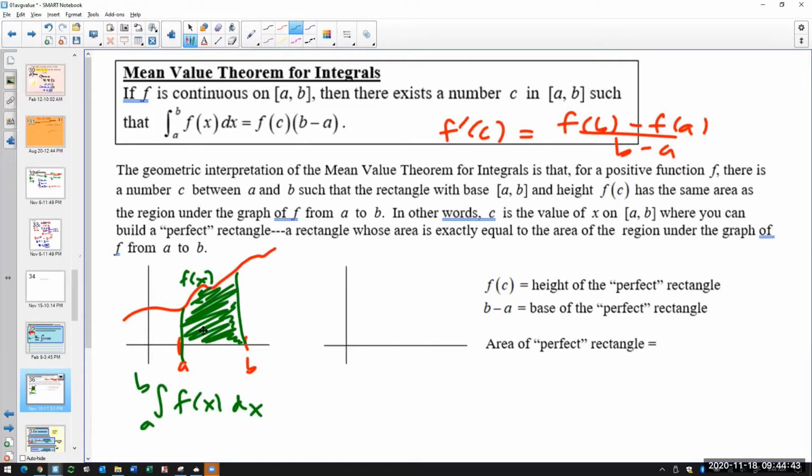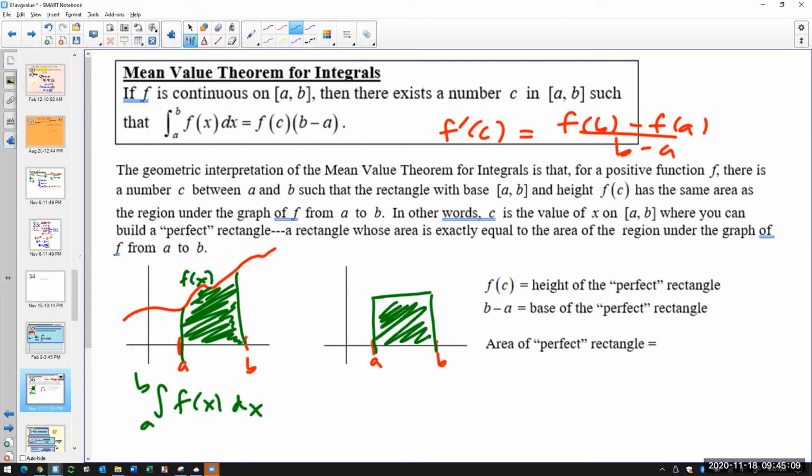If I take that same green area, I don't change the area, so if this is 5, I go and draw a rectangle with the same area, but now this rectangle is limited between a and b. And so do you see, if I take the same area and I want to form it into a rectangle, it would kind of just be maybe something like this. Does it make sense?